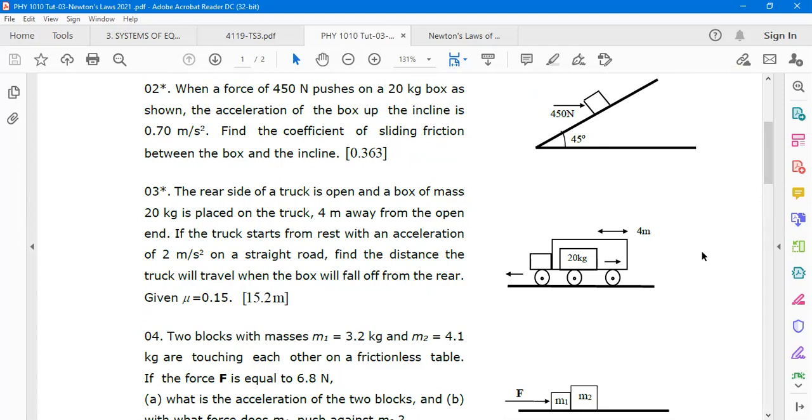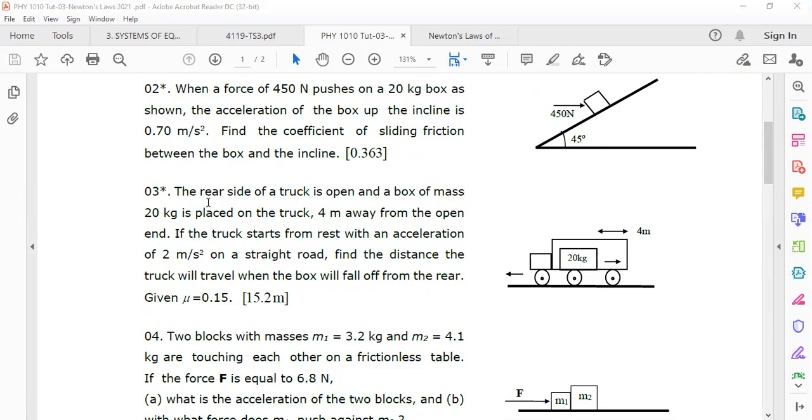in the next 15 minutes. So question 3 reads, the rear side of the truck is open and a box of mass 20 kg is placed. So the first thing you need to do every time you're reading a question, just pick out those key points you're trying to get. Says the rear side of the truck is open.